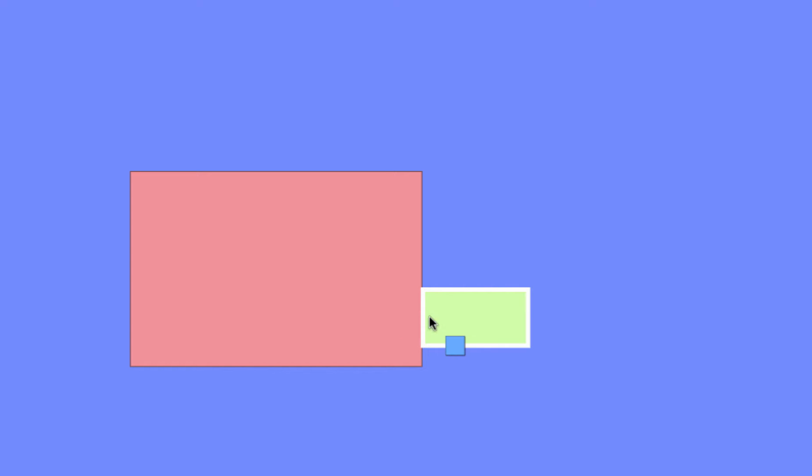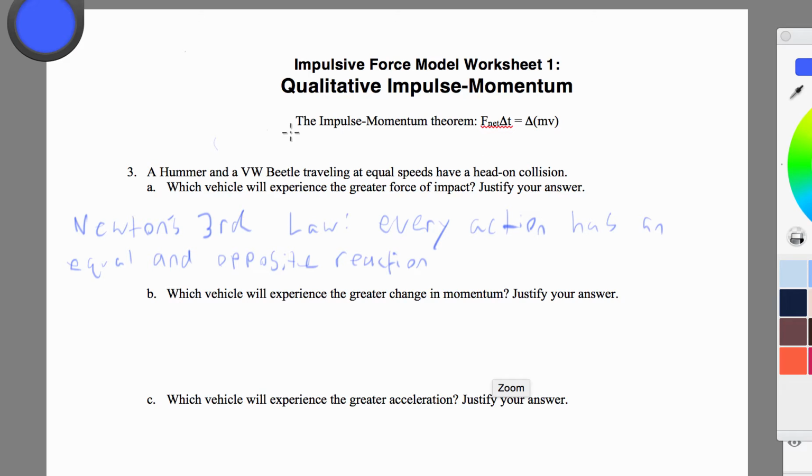So right now, they're both experiencing the same amount of force for the same amount of time. So the forces are equal but opposite. And if they experience the same amount of force over the same amount of time, well, that's the whole impulse momentum theorem. The same amount of force for the same amount of time is equivalent to a change in momentum.